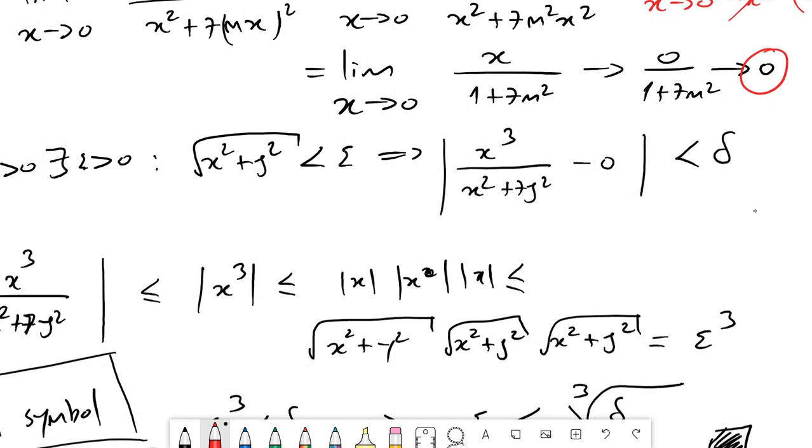We're going to take delta epsilons. So for all delta positive, there is an epsilon positive such that, since this is to 0, square root of x squared plus y squared smaller than epsilon means that the function minus 0 is smaller than delta.